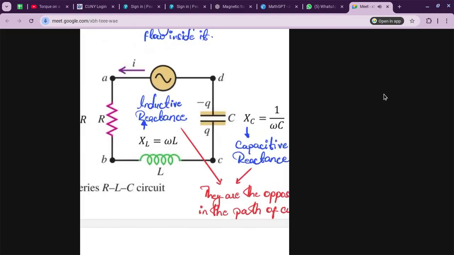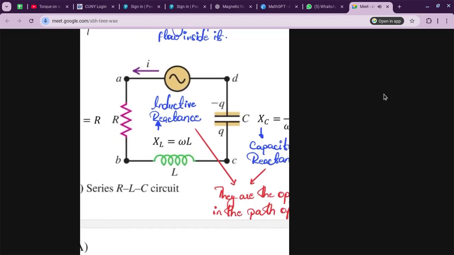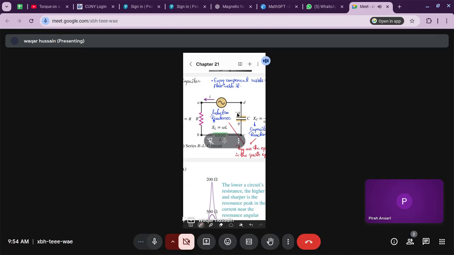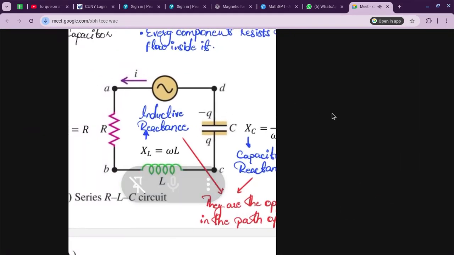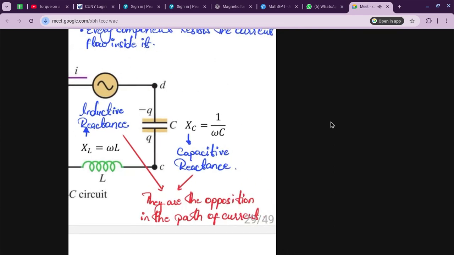Now, what about the resistance, or you can say the opposition of current, of this whole circuit? Because the resistor has its opposition, resistance, the inductor has its opposition, inductive reactance, and the capacitor has its opposition, called capacitive reactance.